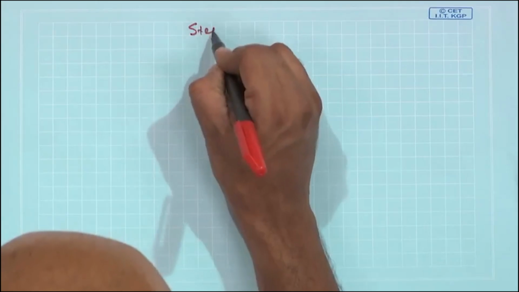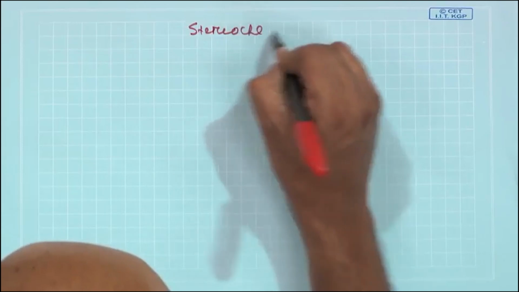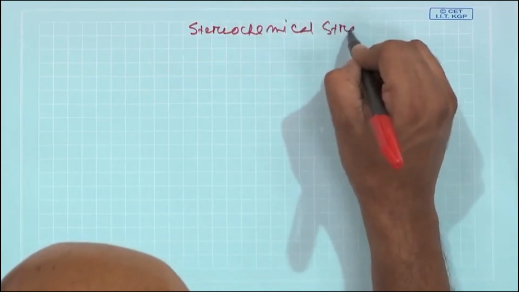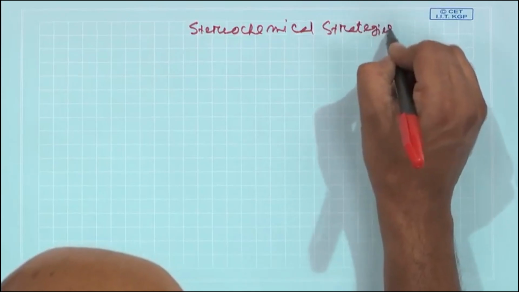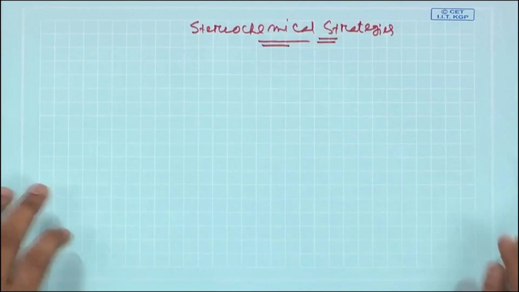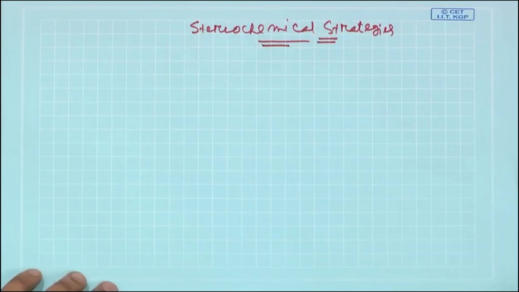Now, under the stereochemical strategies we definitely have some guidelines or rules. We will try to outline or highlight those rules, which will basically simplify your ideas.